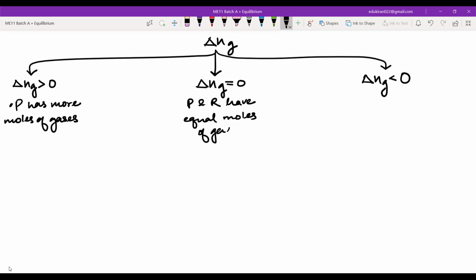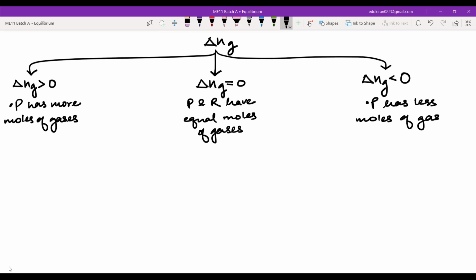Now this is completely theoretical. You don't have to think about any experiments. Number of moles of gases means according to the chemical equation. You just look at the chemical equation and count. If delta ng is less than 0, it means the products have fewer moles of gases.